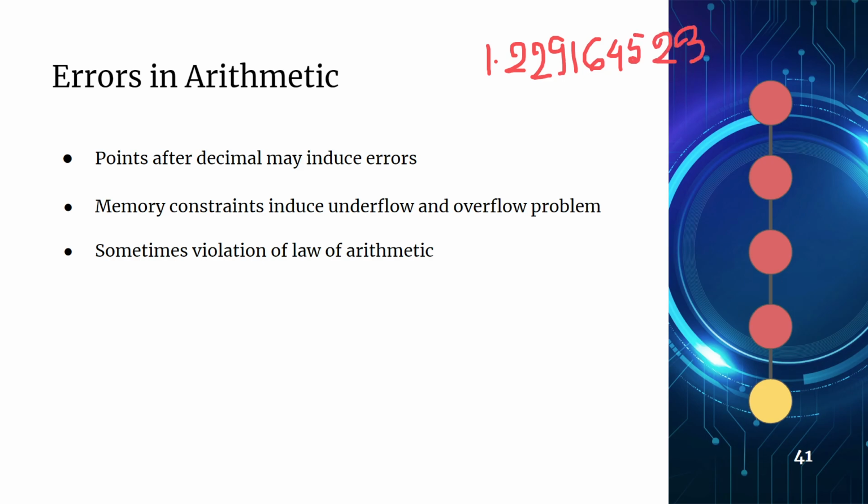Suppose I found an experiment result as this, but as there are too many numbers after the decimal point, I want to truncate it. I want to say that the number is 1.2292. Okay, well, till the fourth decimal place I can say the answer is right, but actually when I write this, it means the remaining values are all 0 until infinity.